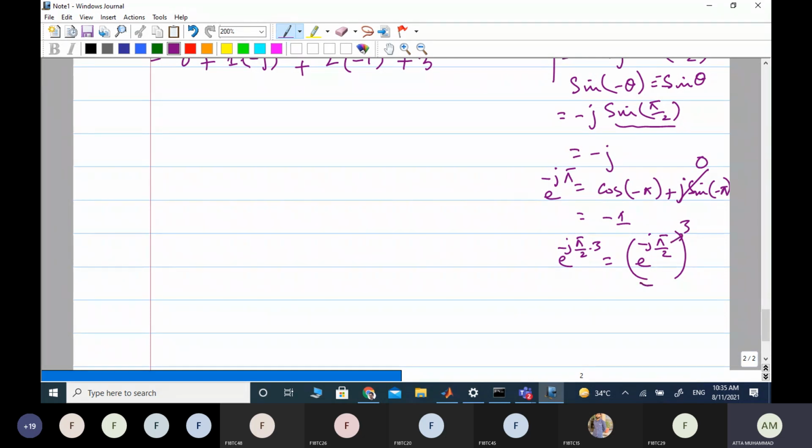We know this term is equal to minus j, and now we have a cube on this term. So what we get is minus j times minus j times minus j. Minus into minus plus, j is j square, which gives us minus 1, and times minus j. So minus into minus plus, and we got j from here.